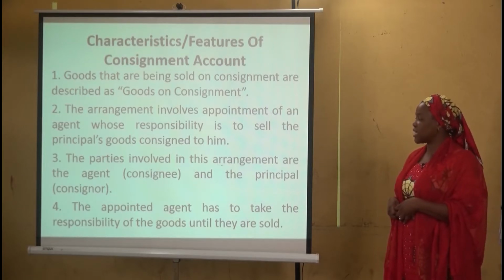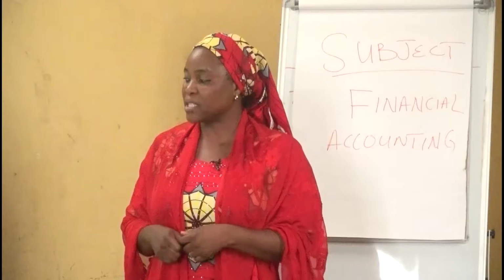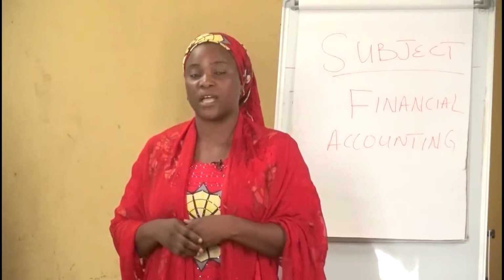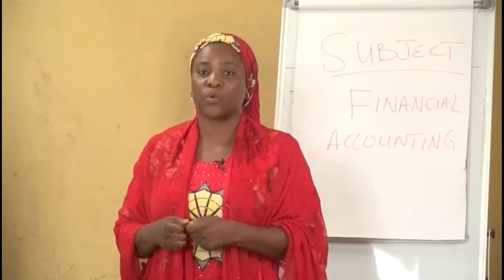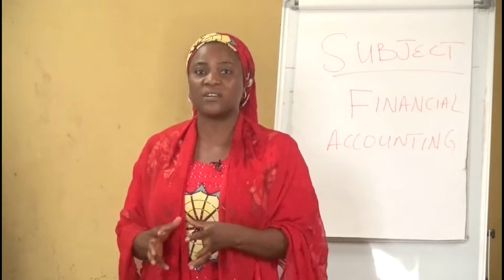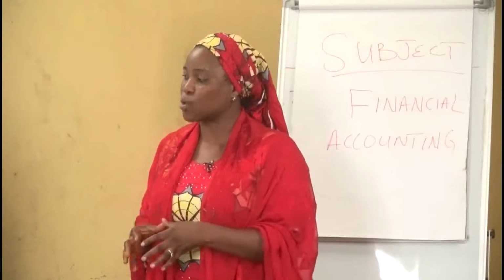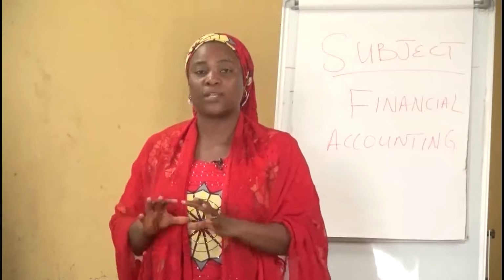Then we have number 4. The appointed agent has to take responsibility of the goods until they are sold. What do we mean by that? When these goods are consigned to an agent, the goods are with him until they are sold. And after they are sold, the responsibility for those goods is no longer his.